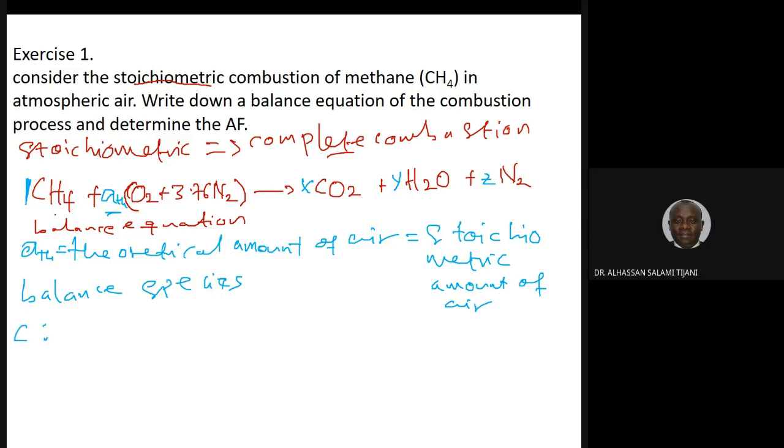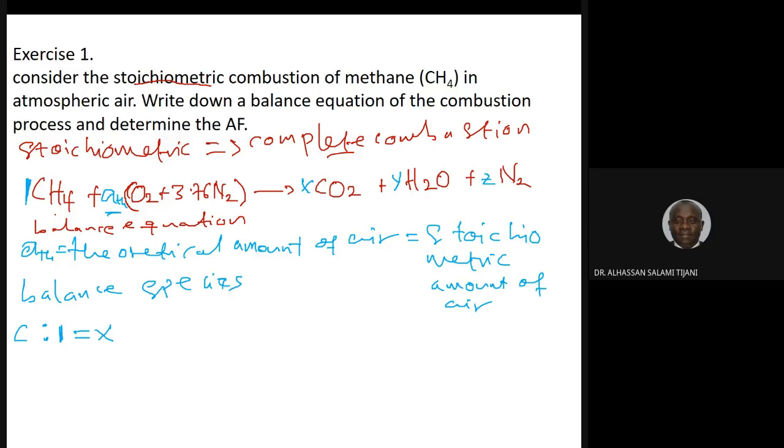How do we balance carbon? We have 1 mole of carbon in the reactant, so we have 1, and this is equal to the kilomole of carbon in the product, which is X kilomole. So it means that X equals 1.